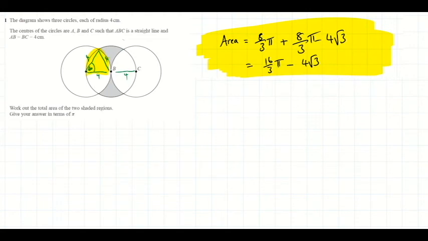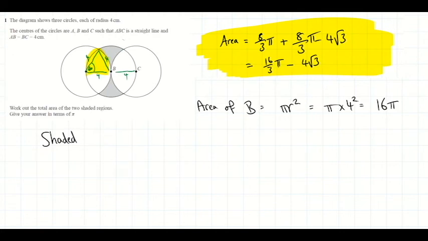Now let's use that to work out the area of the shaded bit. To begin with, we're going to have to work out the area of the actual circle B. And then in total, the two shaded regions are going to be 16 pi minus 4 lots of whatever I'm writing here.